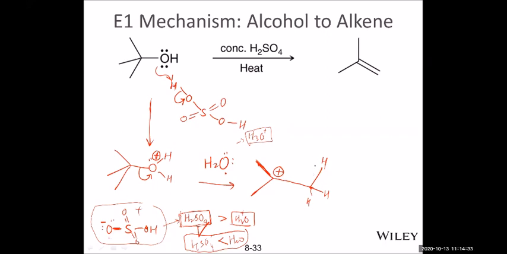The water then takes away one of the protons, and this bond breaks to form a double bond, leaving the electrons. The positive charge becomes neutralized and forms a double bond. That gives you the final product.